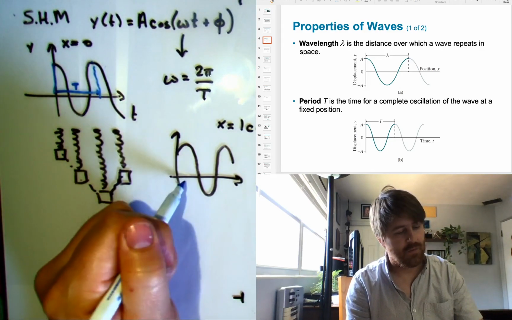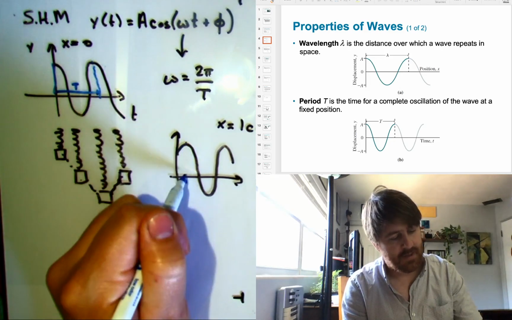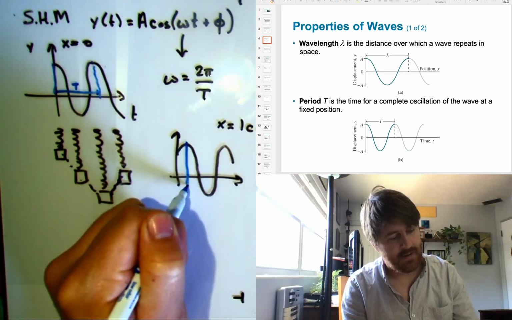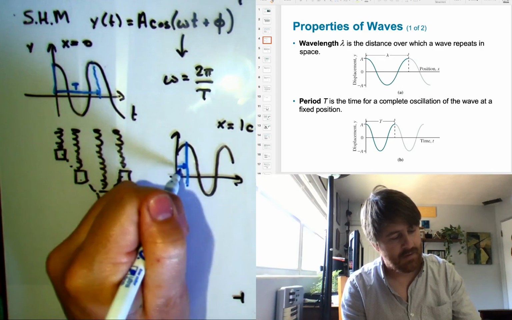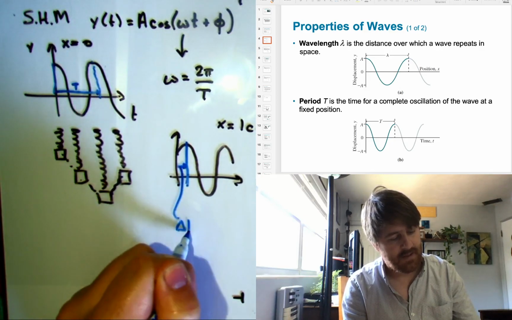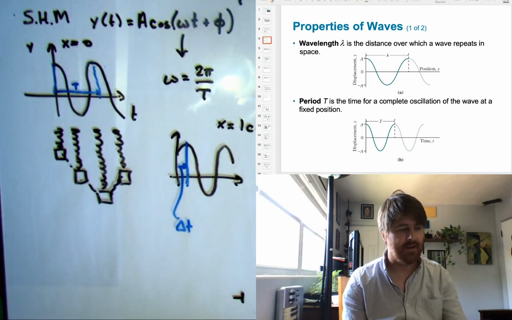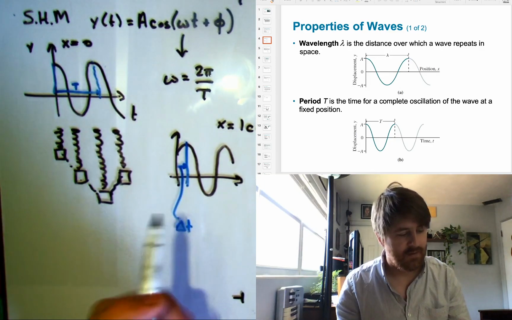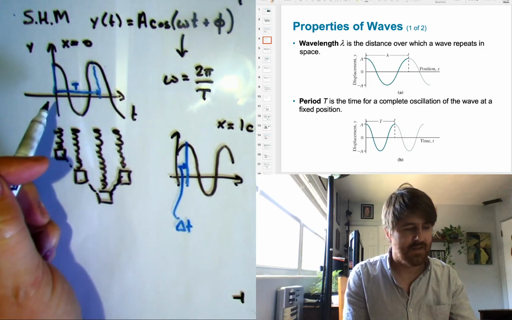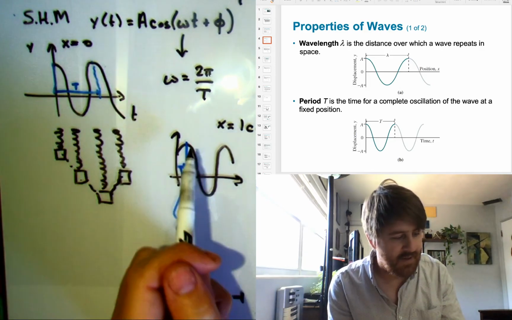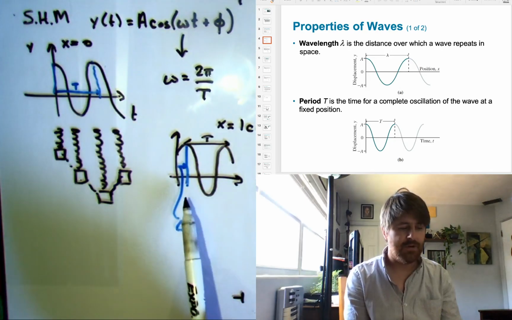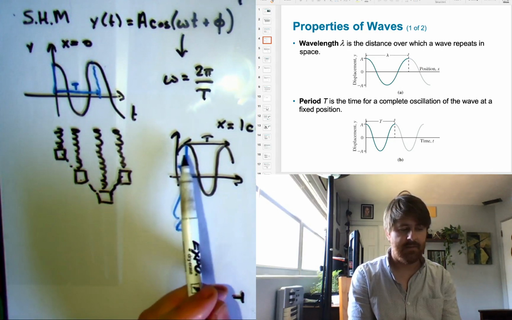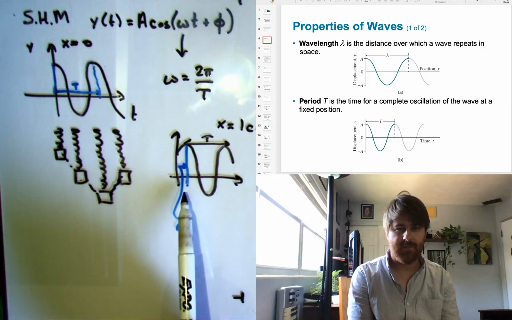At x equals 1 centimeter, the peak, the amplitude right here, is at its maximum at some time delta t, which is not at t equals 0, right? So this is simple harmonic motion just like this one. The period is the same. Period is also from peak to peak, right? But the motion begins at some time later down the road, okay?